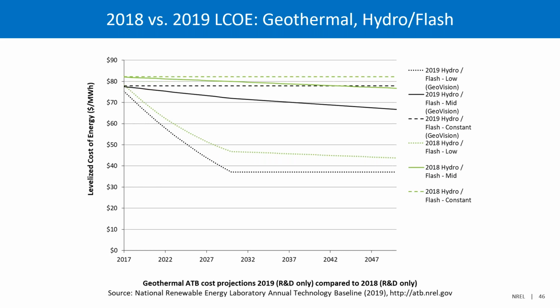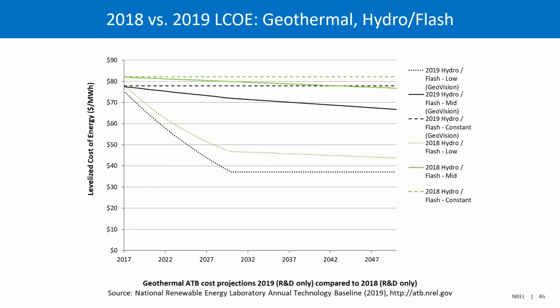In the mid-case scenario, we assume just a constant and relatively low learning rate over the lifetime. And this is to reflect that hydrothermal technologies are a relatively mature technology. They've been around since the 1960s, and we just expect incremental decreases in costs.